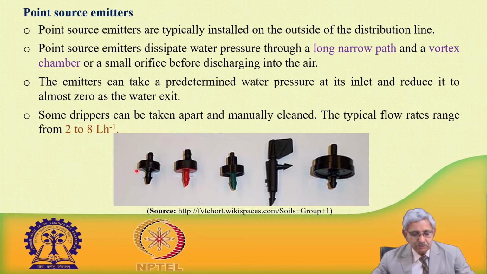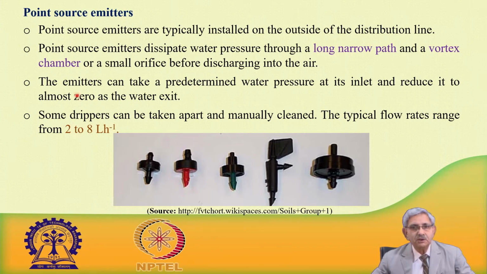So, this is what you see: before the water comes out, this is the barb of the dripper, and inside there is a narrow path, then a vortex chamber, and finally water comes out of this. The emitters take a predetermined water pressure, meaning whatever pressure is available at the inlet, and reduce it so that at the time of exit it comes to 0 pressure.